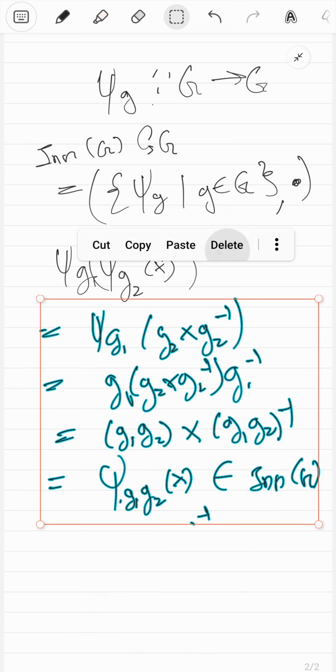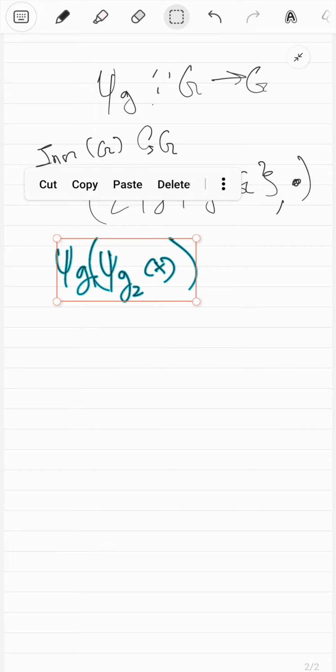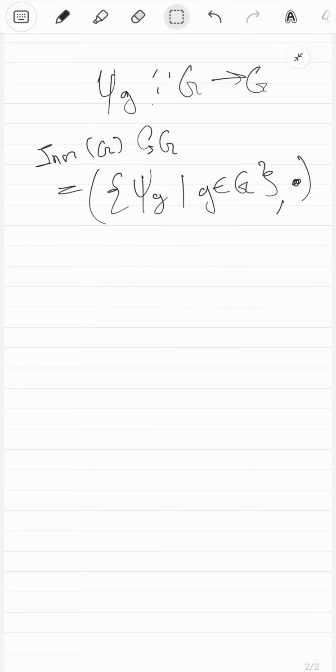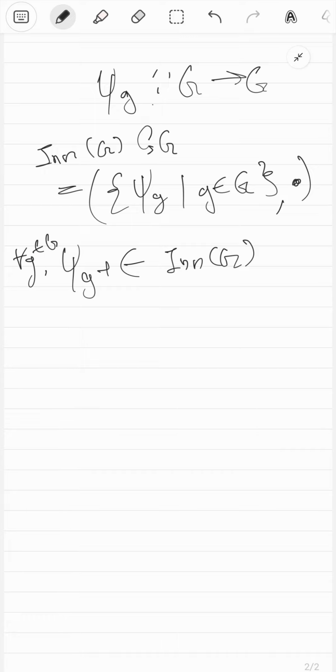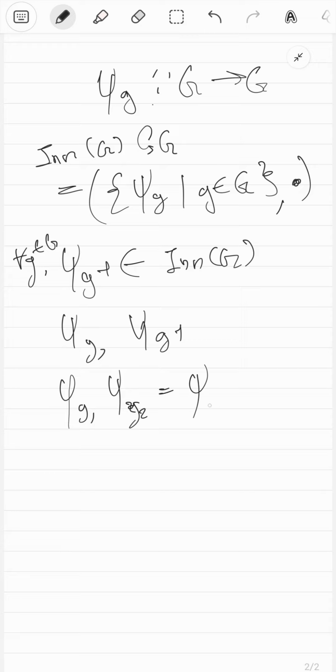So far we have proved that there's closure, there's an identity element. We also have to show that there's inverses. So psi g inverse is obviously also in Inn(G) because of the way that it's defined, right? So for all small g in capital G, obviously. Right, so psi g and psi g inverse, these are inverses because we already showed that psi of g1 psi of g2 is equal to psi of g1 g2, right?